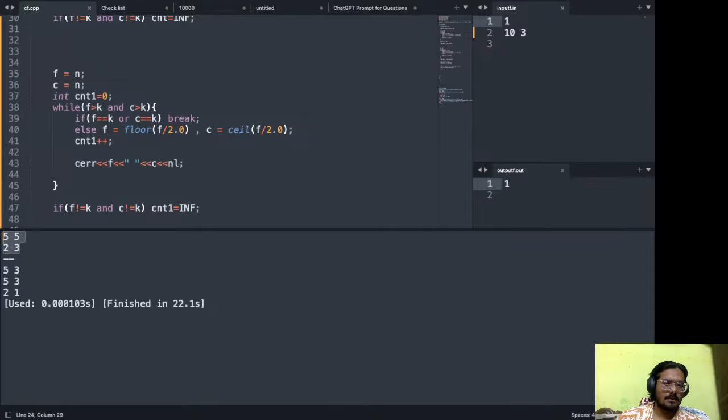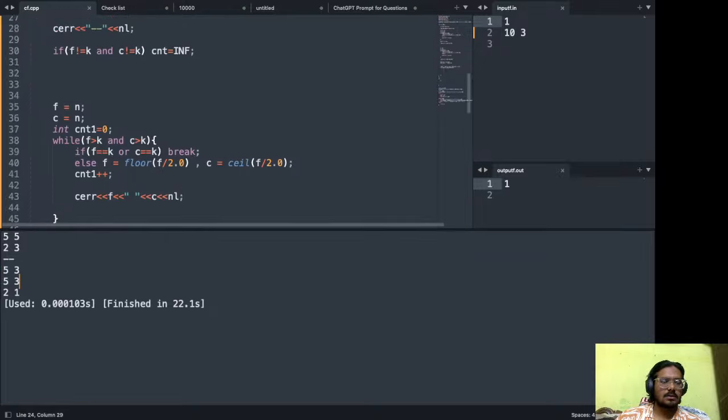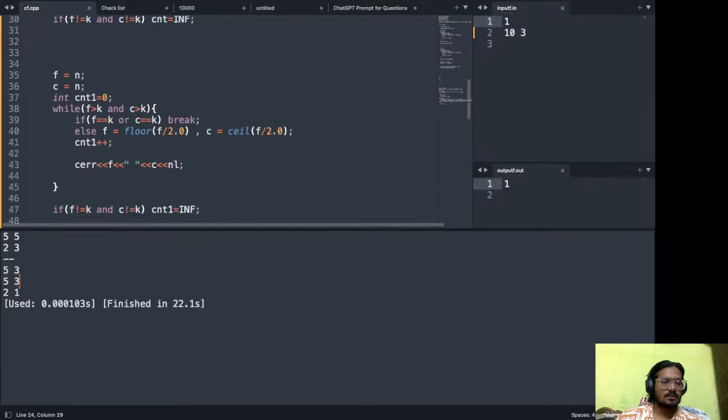फाइव 5, 2, 3. दूसरा iteration starts from 5, 3.